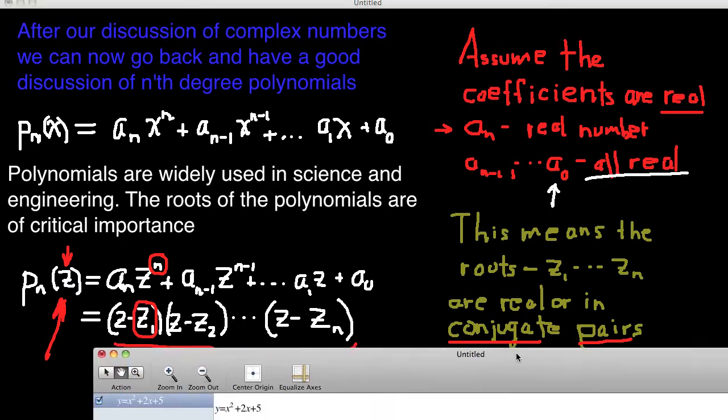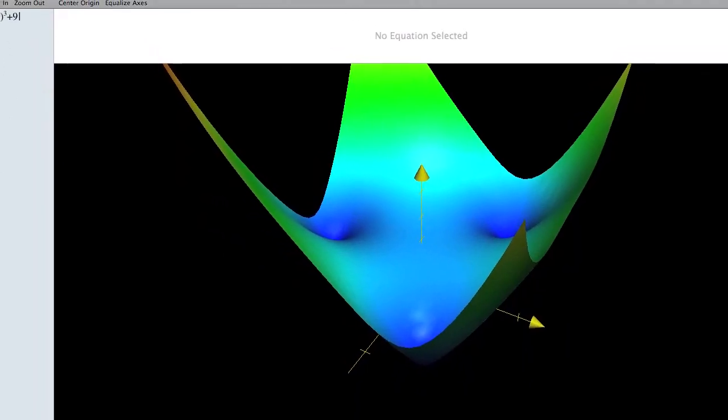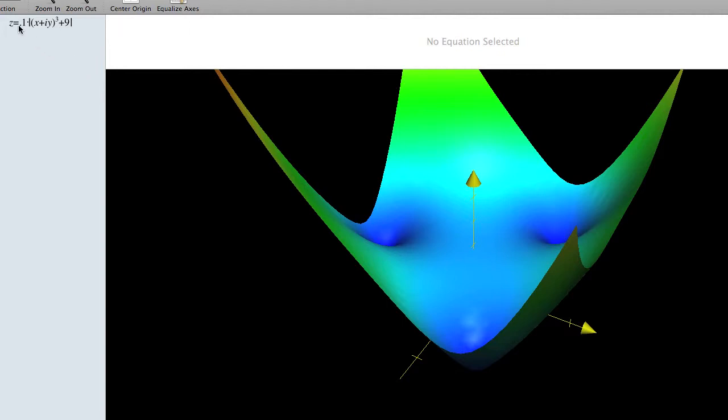Let's illustrate that with this polynomial right here. Okay, I plotted the polynomial. I have z equal to x plus iy, cubed, plus 9. Okay, so this is my polynomial. It's z cubed plus 9. Now I put absolute values around it because I'm going to plot the magnitude of that.